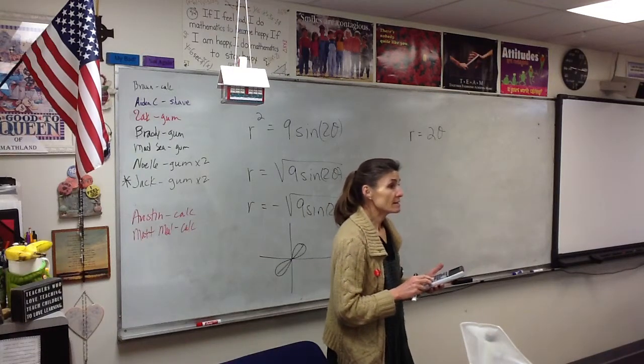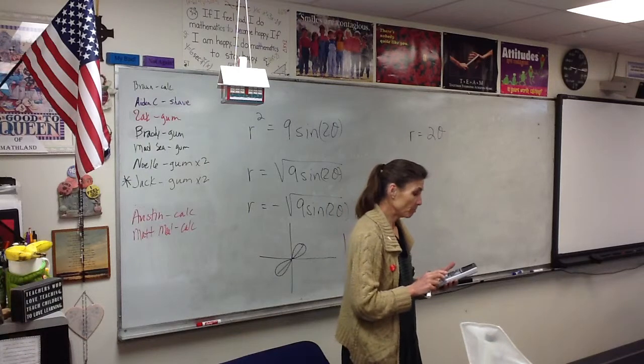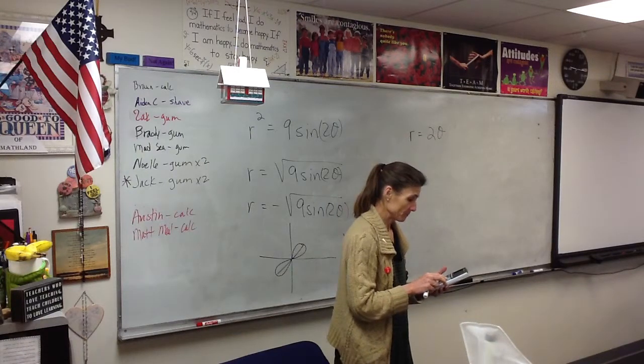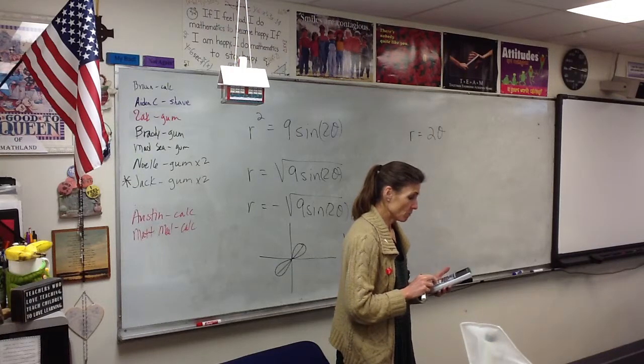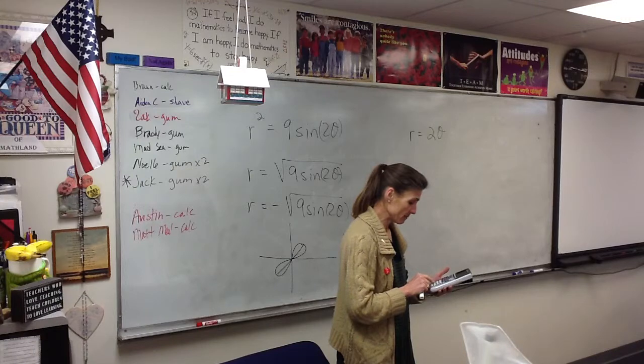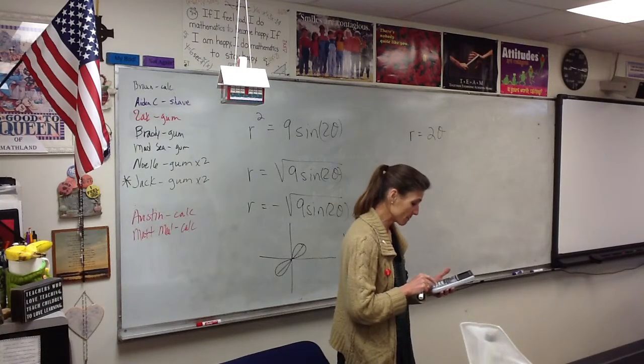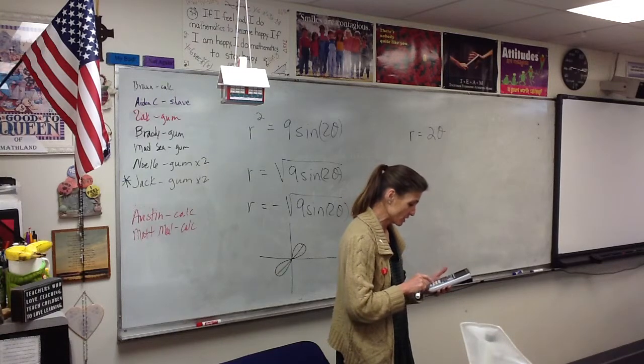For theta step, I want you to put 0.1. And for x min and max, do negative 150 and positive 150. Again, we're going to talk about why all this is. I just want you to get it in.